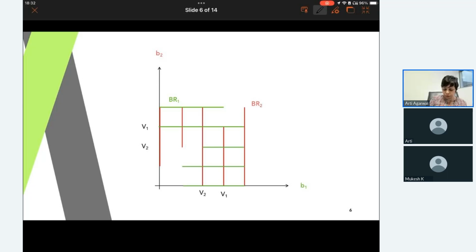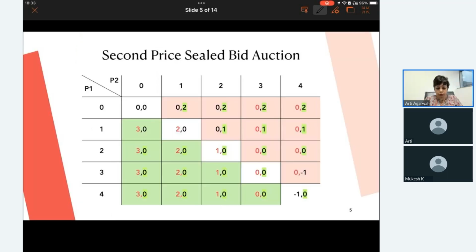You can check, this is 2, this is 3. I actually put this on a grid, but the grid is not visible in the slideshow. So if you want, I can go over this, but if you plot just these values, that's all. For P2 equal to 0, what is P1's best response? You plot that.